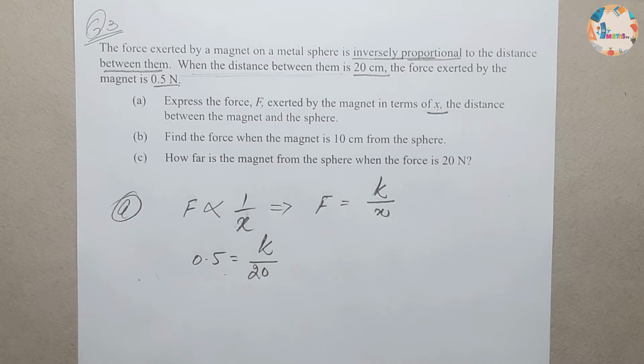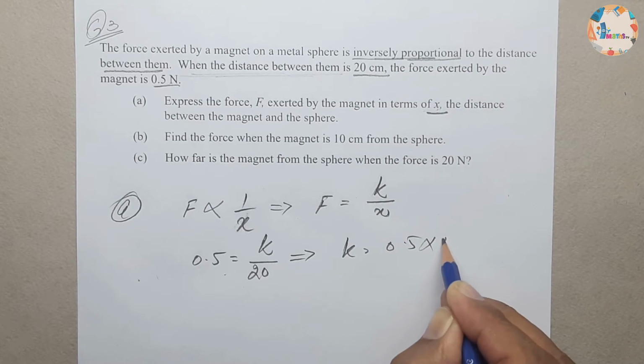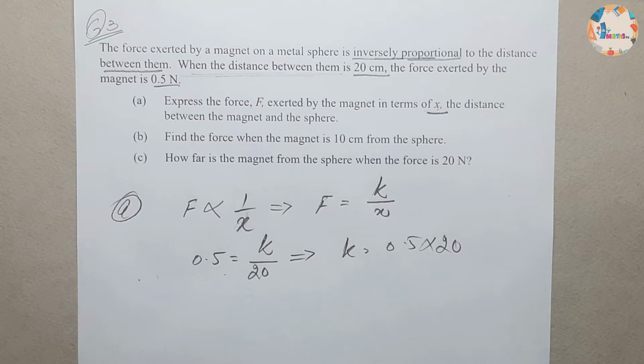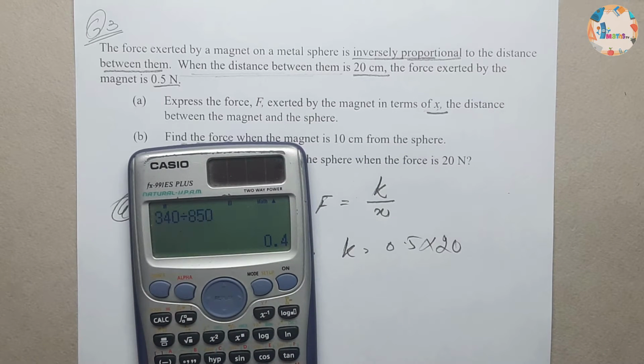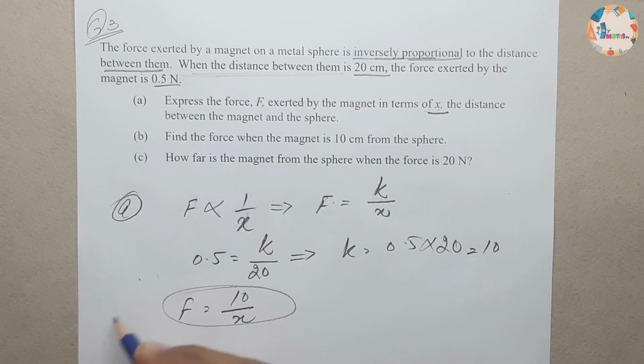So I will write here 20, and this implies k is equal to 0.5 multiplied by 20, which results in 10. So the k value will be 10. Now this equation will become F is equal to 10 over x. This is the final equation which is required for part A.